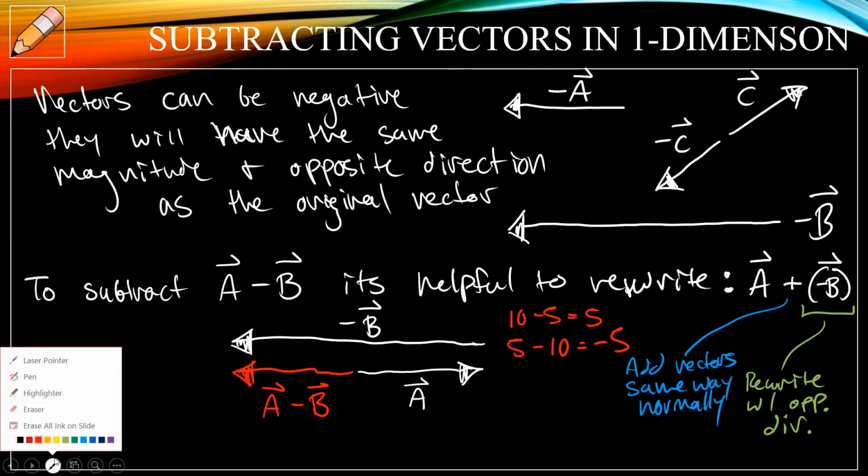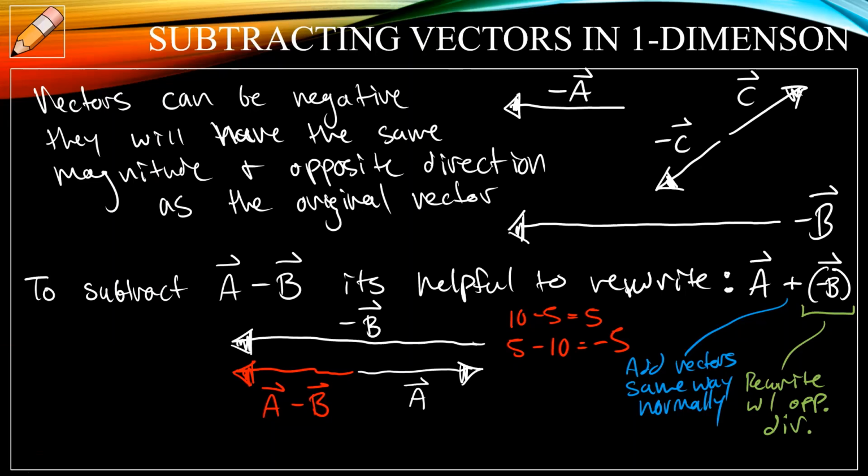So if you were going to do this in the opposite order, in other words, if you wanted to do b minus a, then that would be the same thing as taking the vector b and adding negative a to it. So if you wanted to do that, it would look something like this.